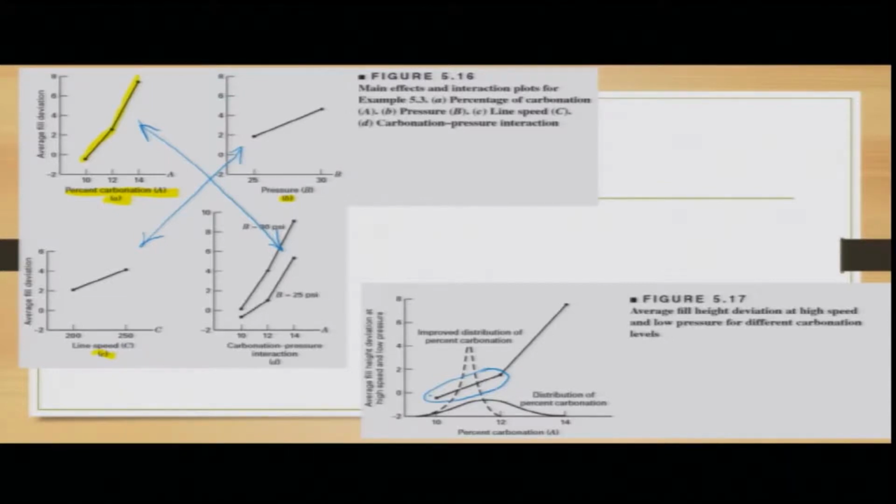So, when we plot the percentage carbonation and we are trying to find the improved deviation distribution, in two different cases, considering normal distribution, you will be able to find that the deviation has really decreased. That is what our aim would be.